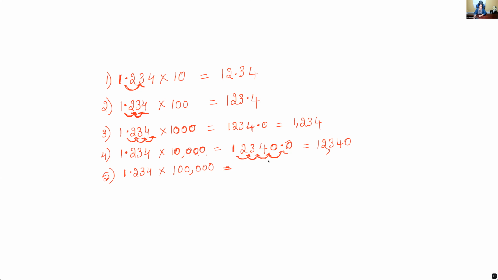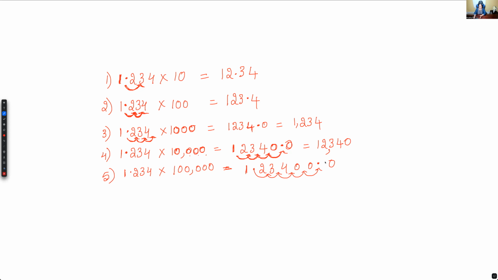We have 5 zeros. So we have to move the decimal point how many times now? 5 times. One jump to the right, second jump to the right, third jump, fourth jump, and fifth jump, and then we will keep a decimal point. Because we don't have any numbers here, we will add zeros.